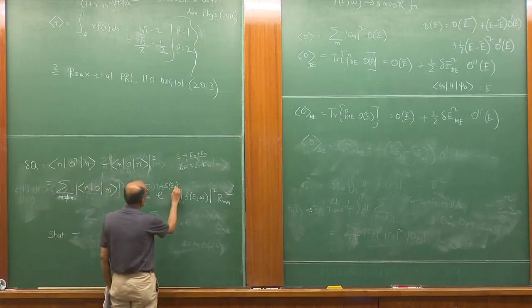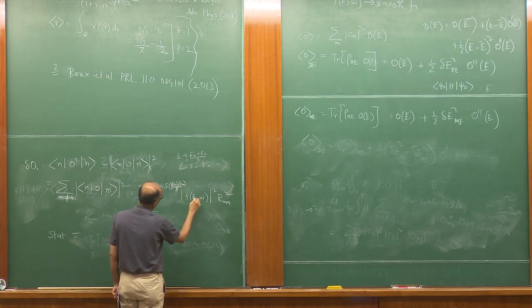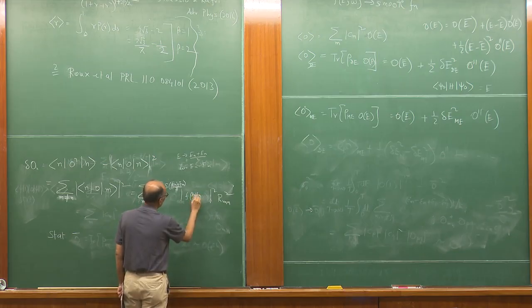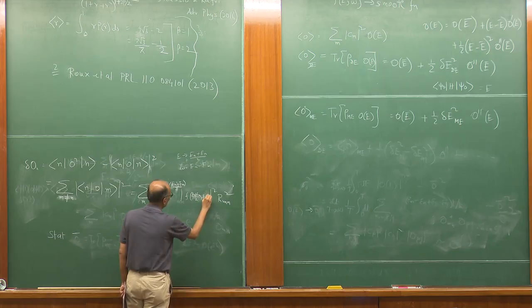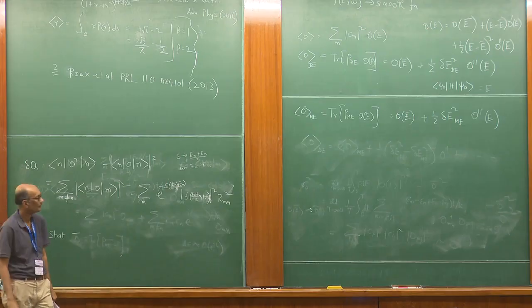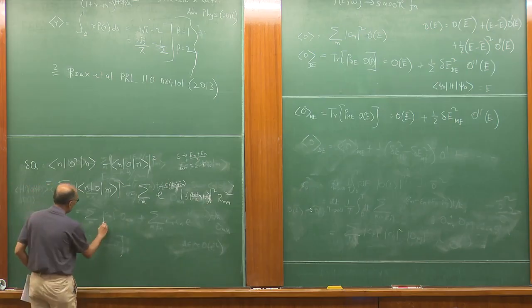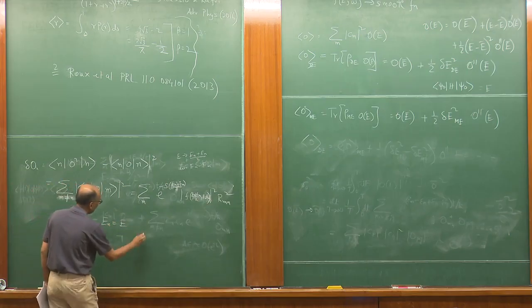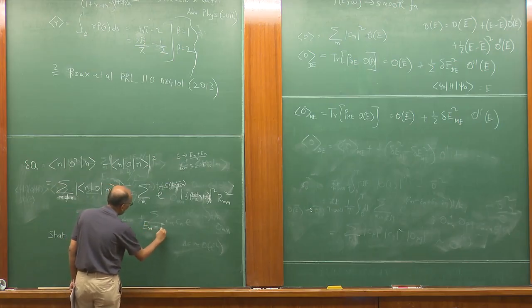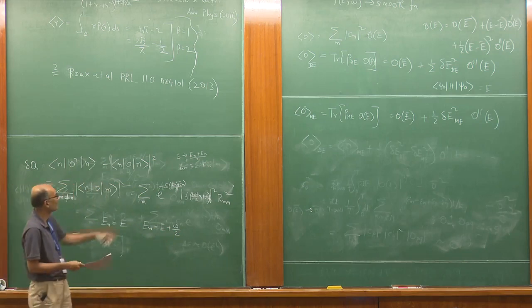So let me just explicitly write this so that there is no problem later. Now let me redefine variables so that I'll call En to be E and Em to be E plus omega by 2. This is just a restatement of that.